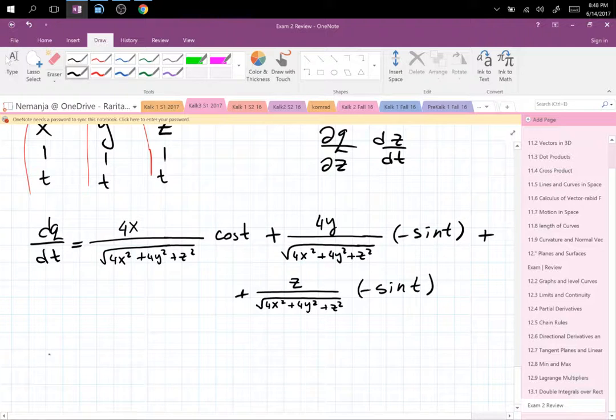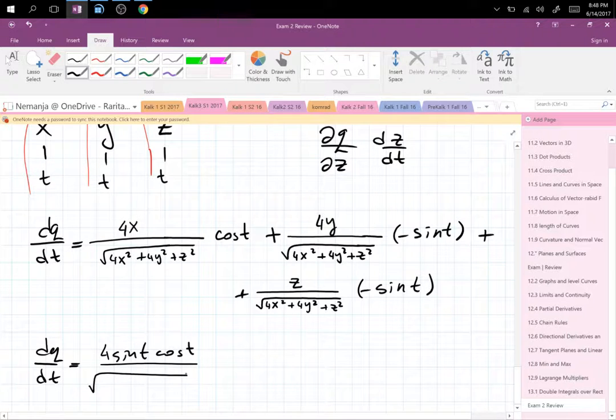So dq dt is equal to, we have 4x. Now x is sine t, so we have 4 sine t cosine t divided by, now the first two terms, it's 4 sine squared t and cosine squared t.